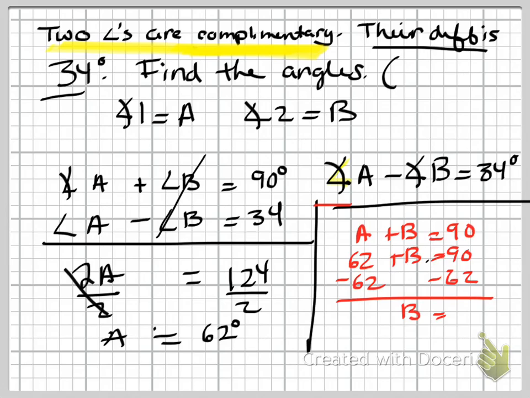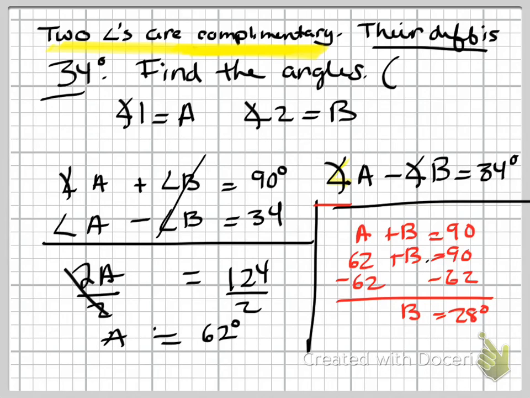And B equals, what is that? 90 minus 62 is 28. So, what is my final answer here? Jonah, 62 and 28 are the two complementary angles.